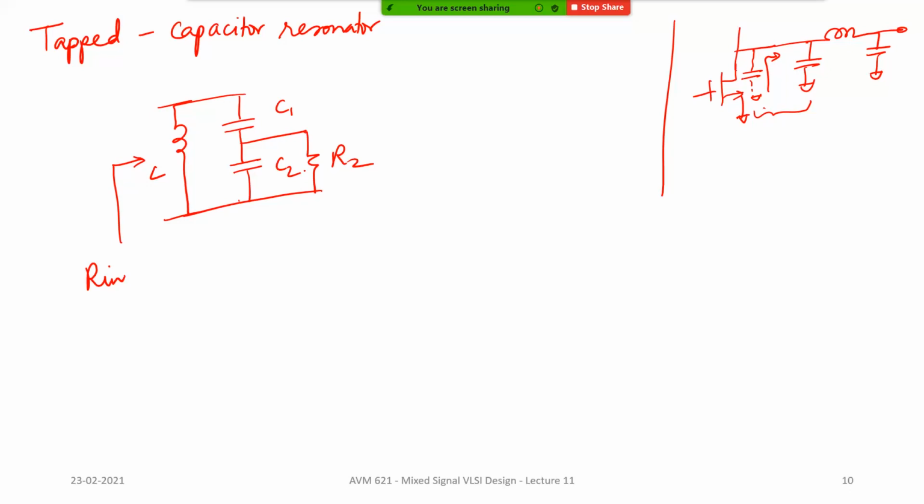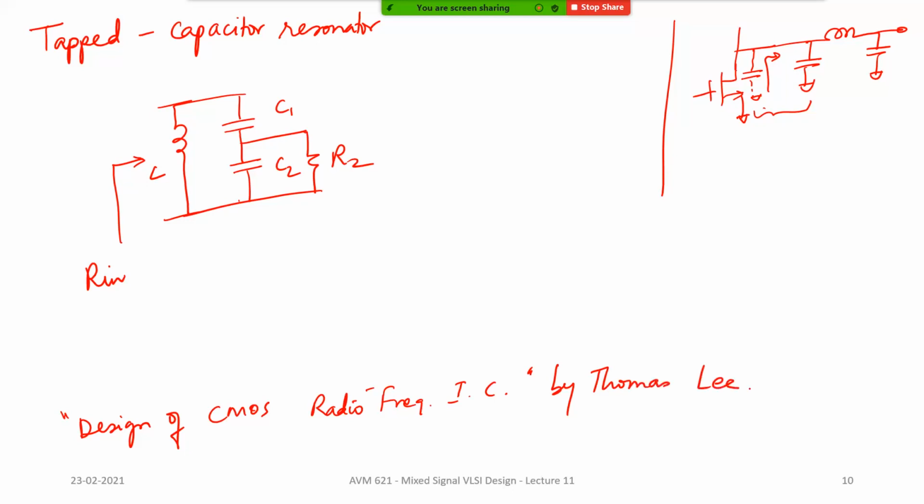The exact derivation is quite laborious. I am taking this impedance transformation material from a book called Design of CMOS RF Integrated Circuits, I think, or radio frequency integrated circuits by Thomas Lee. Okay, so this is another.